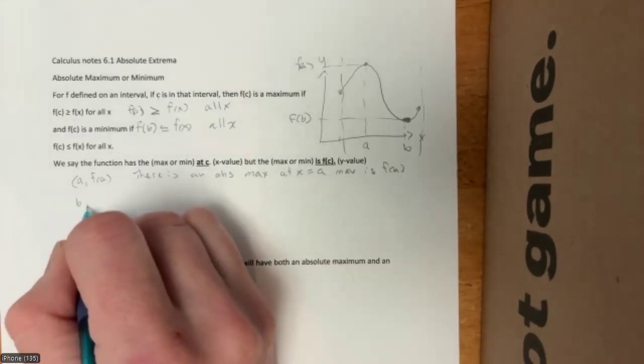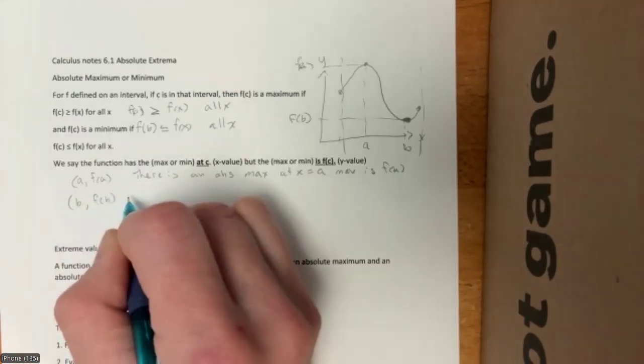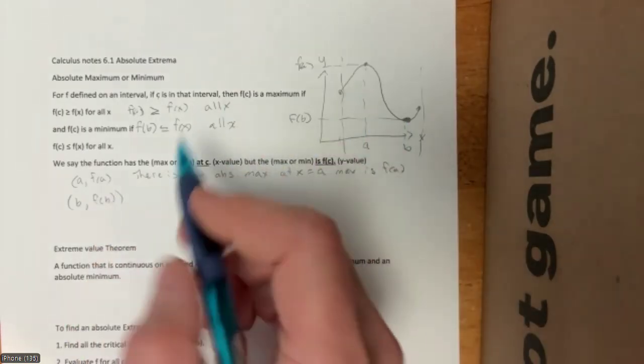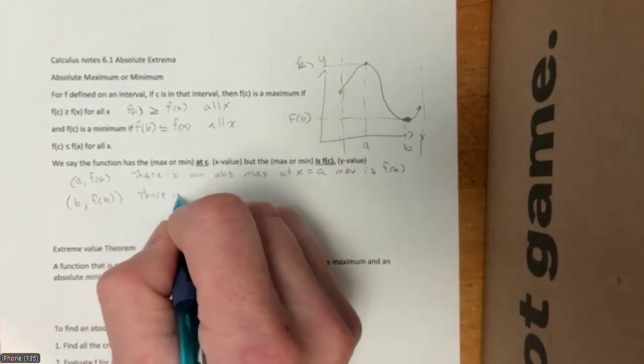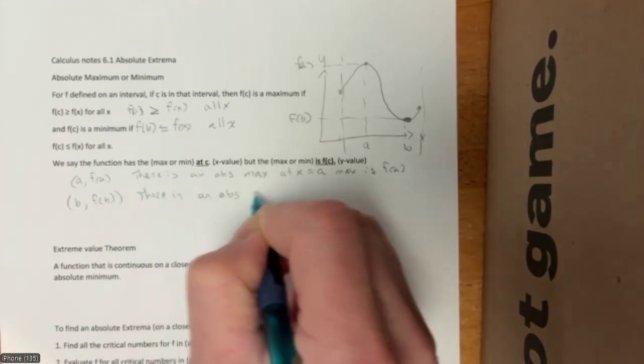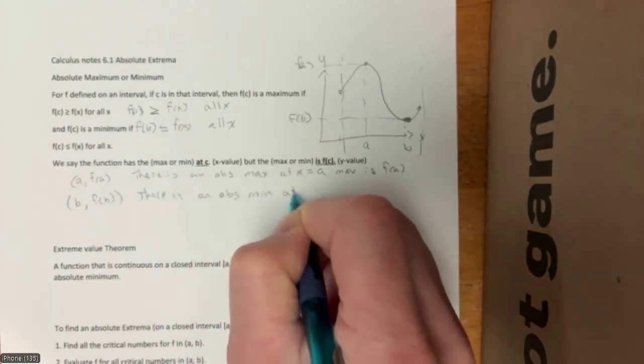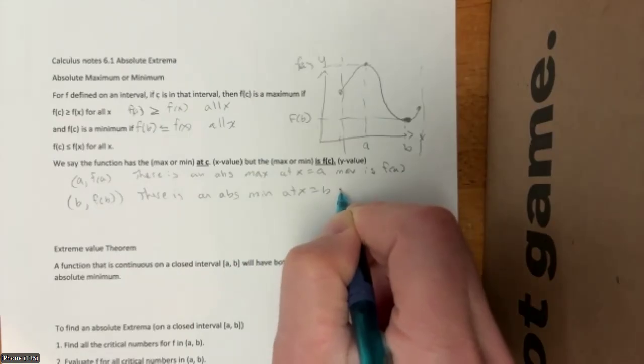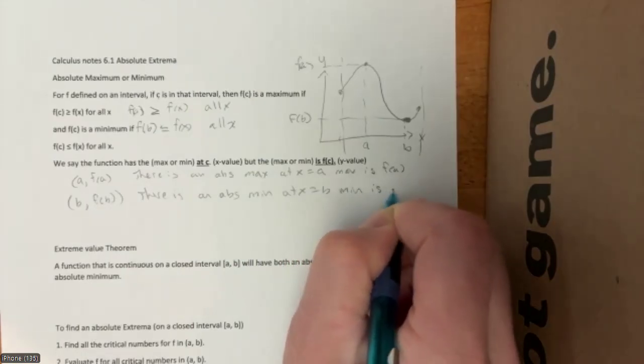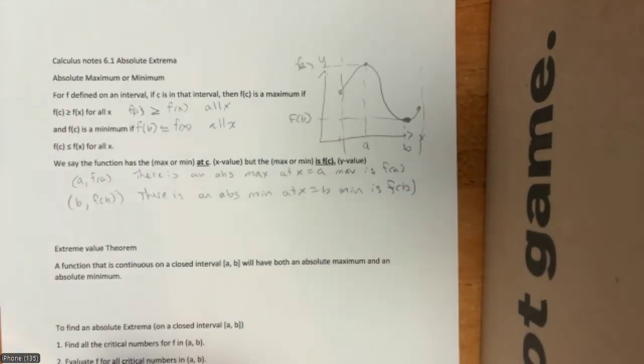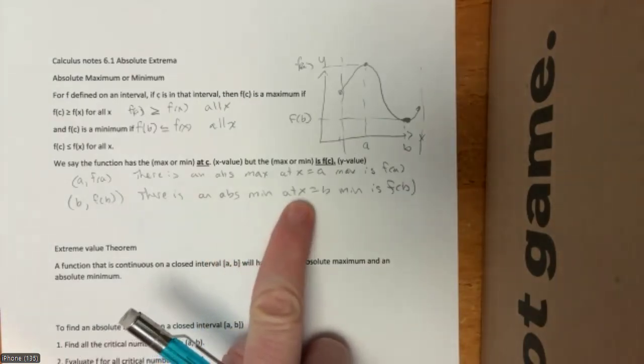And then at b, f of b, so that was our minimum, there is an absolute minimum, again, I'm abbreviating, at x equals b, and that minimum is f of b, that's the y value. It's important to tell the difference between an x and a y.